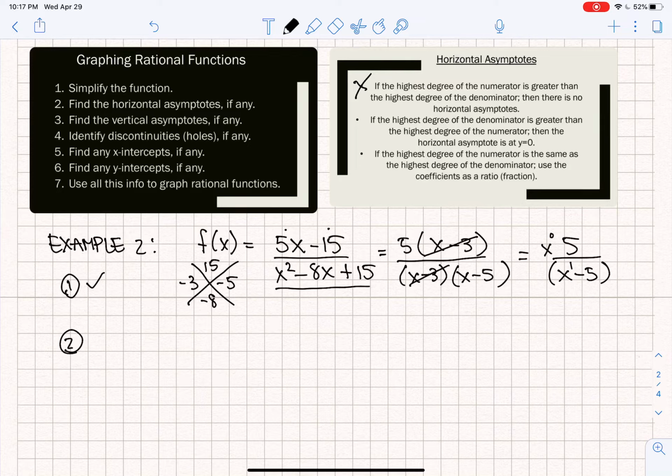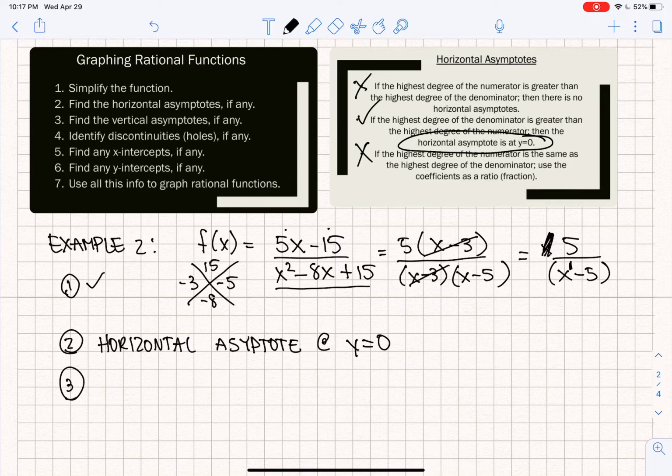The 1 is bigger than the 0. They are not the same. So that means our horizontal asymptote is at y equals 0. Okay, number 2 done.